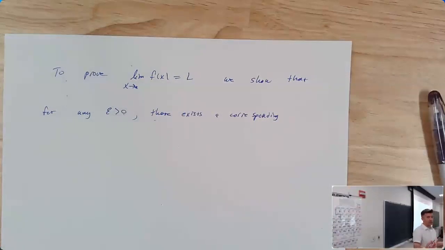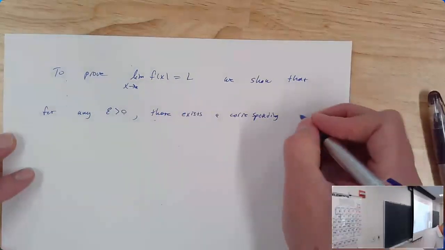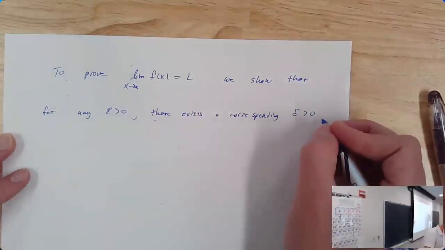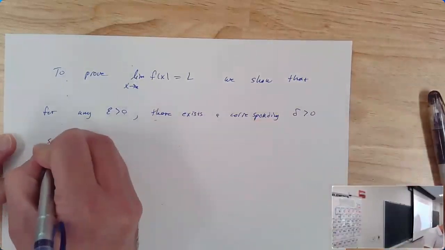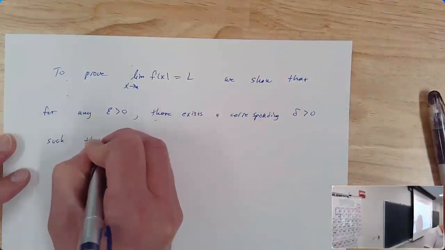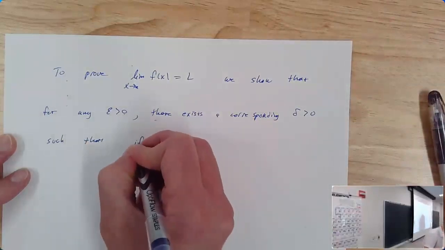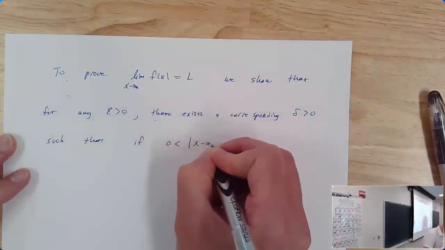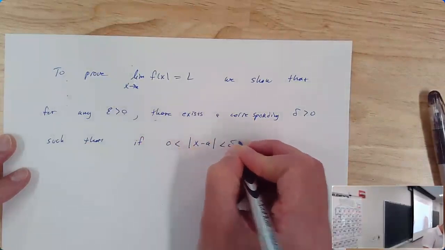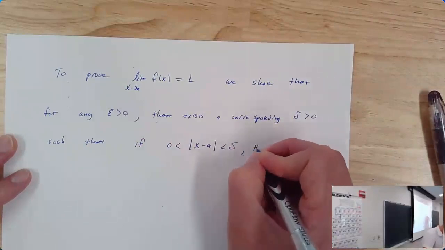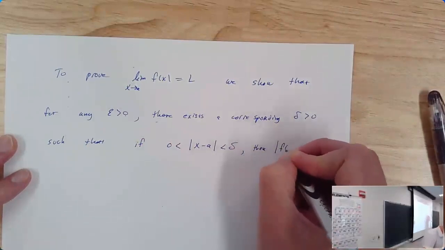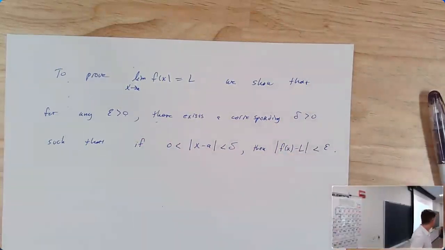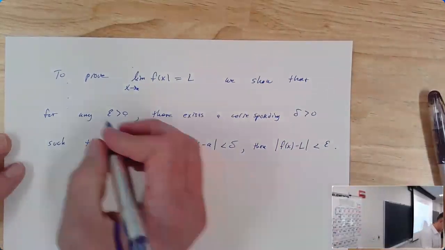Delta corresponds to the value of epsilon in some way. A corresponding delta that's also positive, such that, here's where the meat is, if the absolute value of x minus what it's approaching is less than delta, then the absolute value of your function minus its limit is less than epsilon. That's the whole deal.